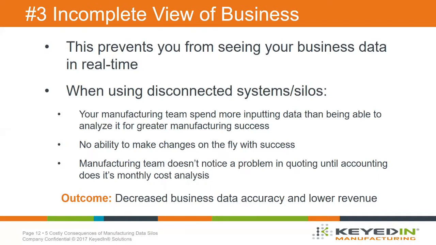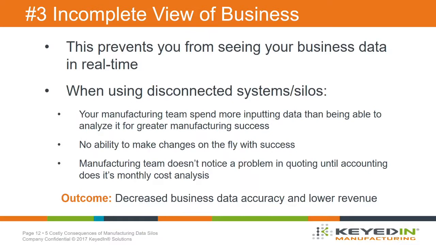Very often we see that it's very difficult to keep up with all of the changes that happen on the fly. Again, we alluded to the fact when there's a delivery date change, how do we make sure that that delivery date change gets communicated throughout the rest of the organization?